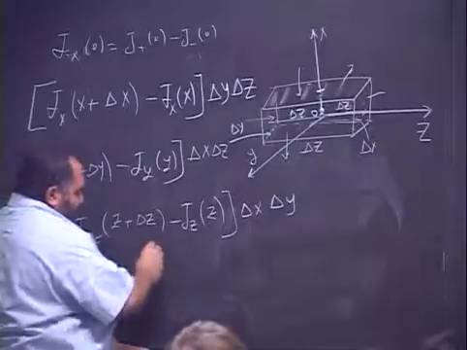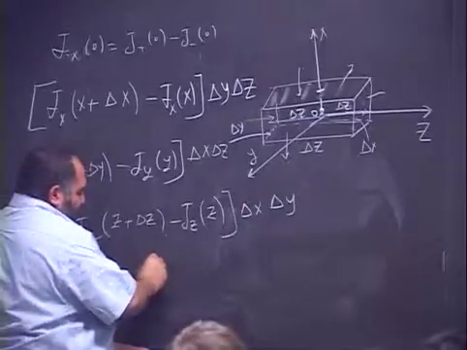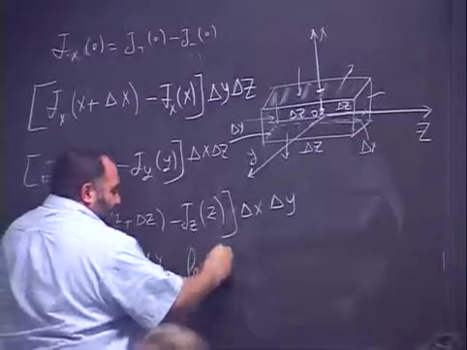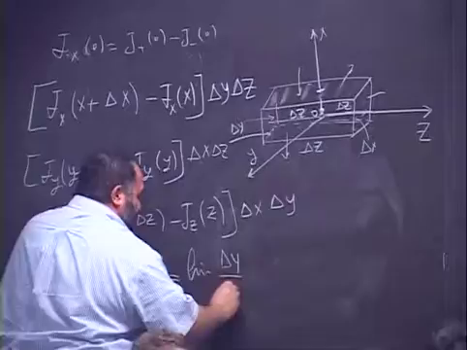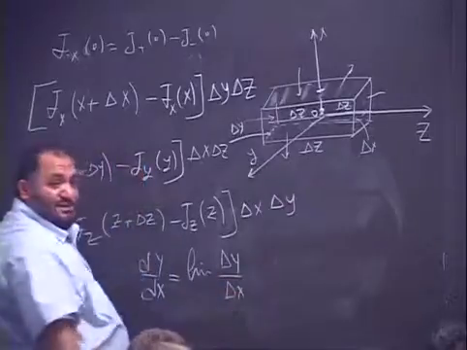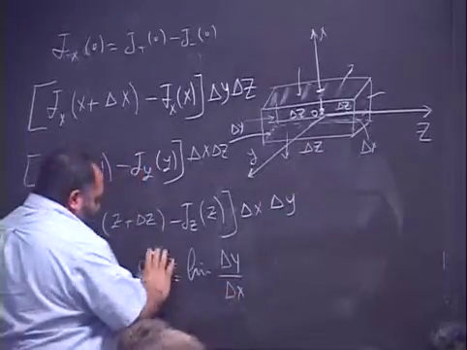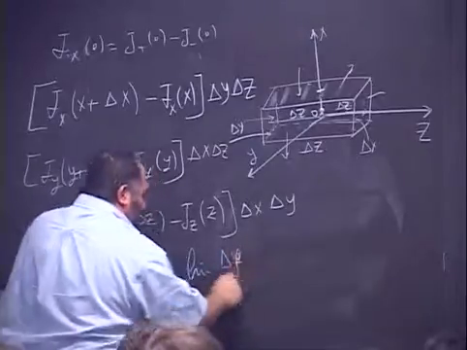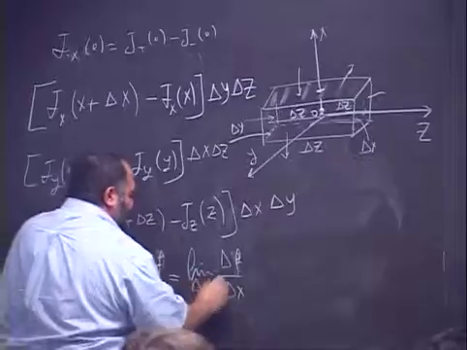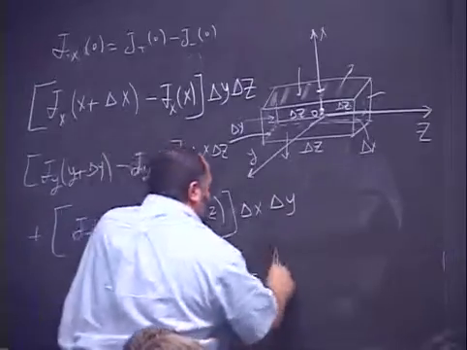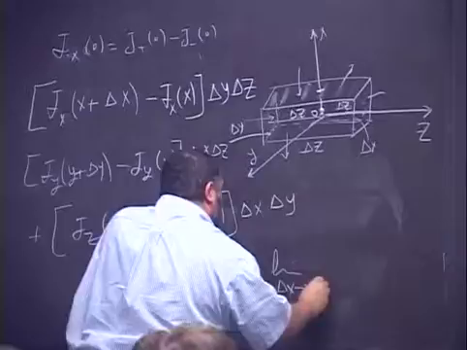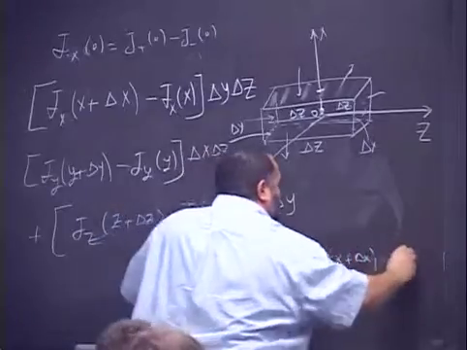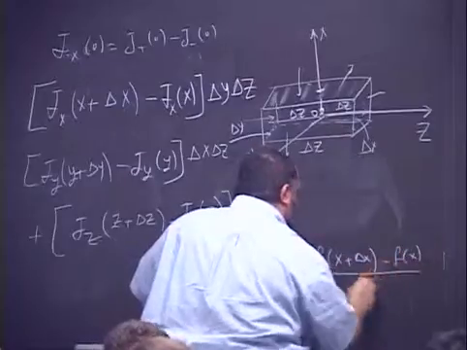But if you look at here, what's this difference? If you get df by dx, it is equal to what? It is the limit of delta f divided by delta x when delta x goes to 0, which is just equal to the limit when delta x goes to 0 of the function at x plus delta x minus the function at x, divided by delta x.